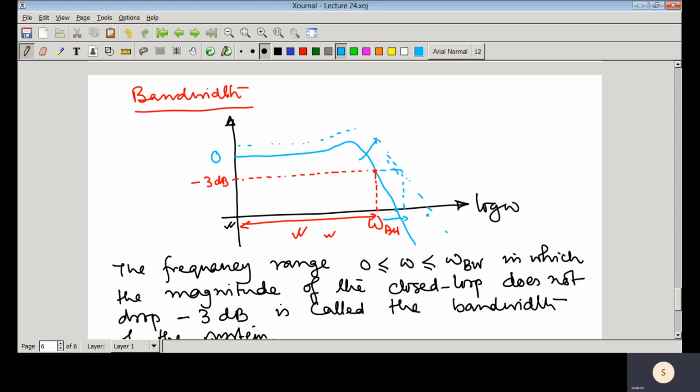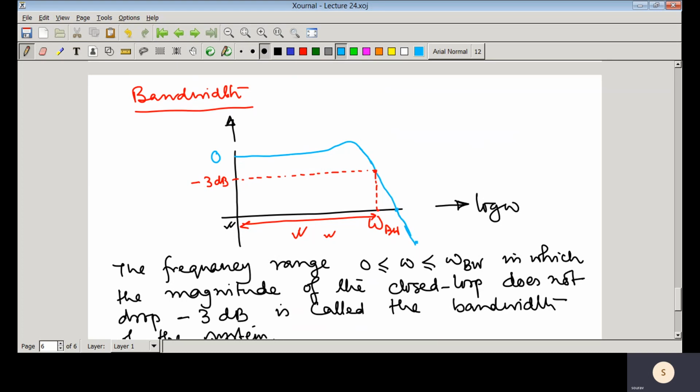So if we increase the gain of the loop transfer function, the bandwidth will be increased, and the system would be fast. But again, if we make the system fast, there would be a problem: its phase margin would be reduced.